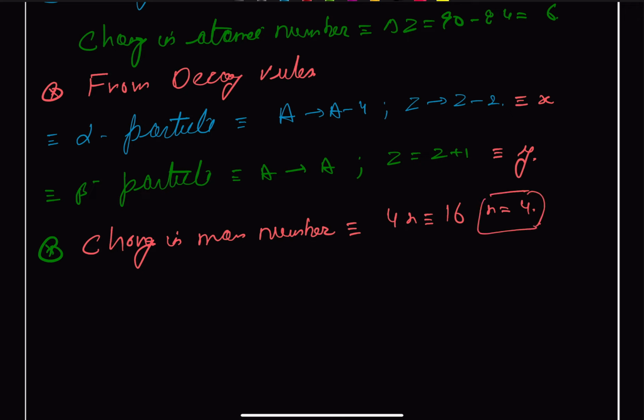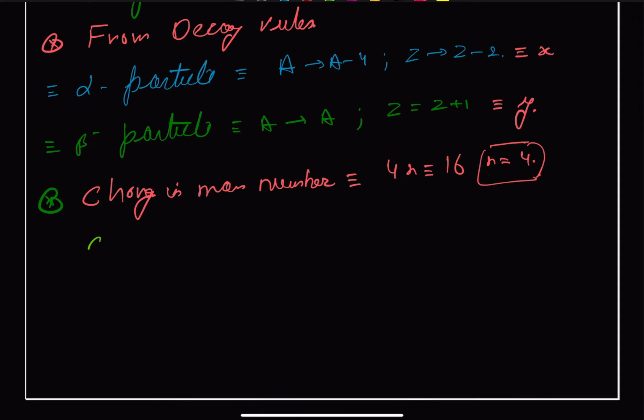And for change in atomic number, we have 2x minus y is equal to 6. x we found is 4.